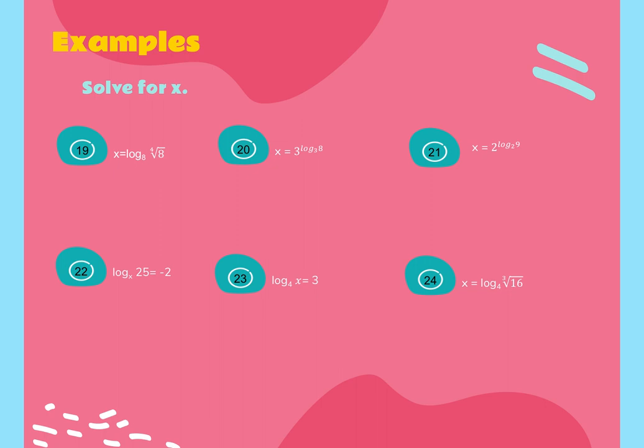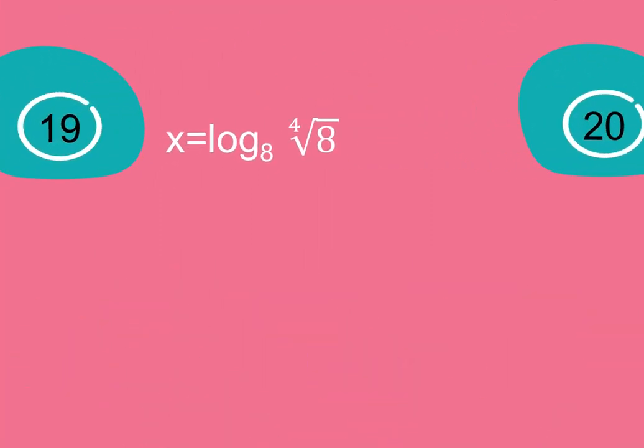All right, look at 19, sorry. x equals log base 8 of the 4th root of 8. So if I want to write this, the easiest way is to rewrite 8 to the 1/4. And then remember, if the base is the same as what we're raising to the power, my answer is just the power.